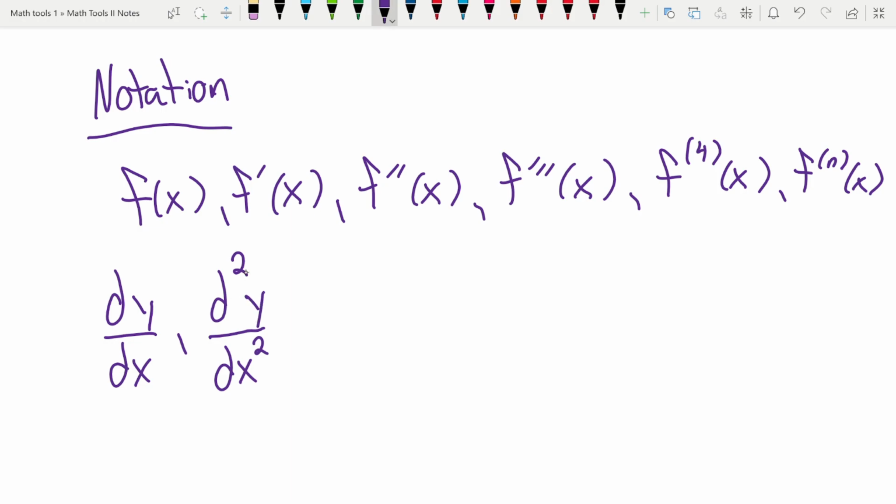So it's written like this though, d squared y over dx squared. It's saying take the derivative with respect to x twice, right? And then you could do it 3 times, and then you could just keep doing that n times.